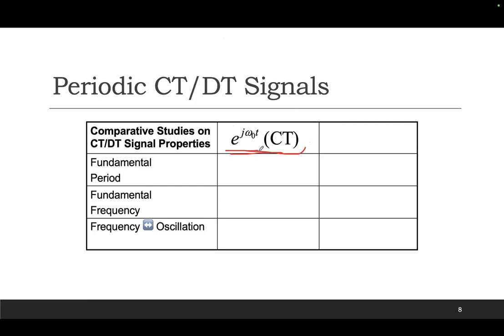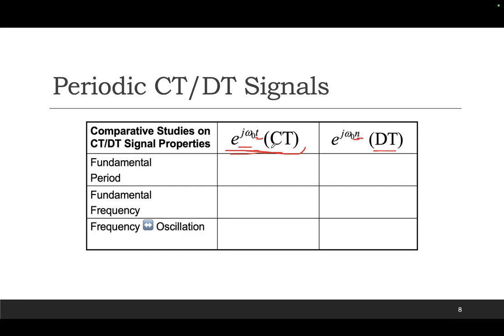Because we can use the Euler equation to transform it to sinusoidal signals. All sinusoidal signals are periodic. That makes sense to you? And this is just the dt. Here t and n are both time, but t here is continuous, and n here is discrete time, like 1, 2, 3, 4, 5. That makes sense to you?